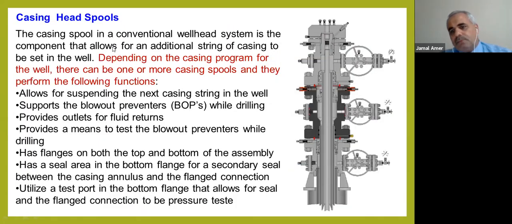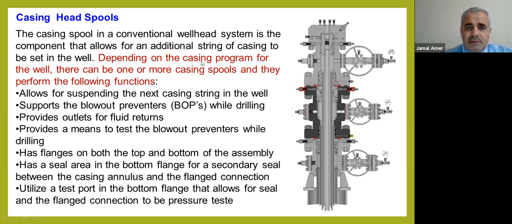Now we're talking about another part of the wellhead, which we call the casing head spool. This first section is completed. Then we talk about the second part, the casing head spool. What is a casing head spool, and what is the purpose of it?